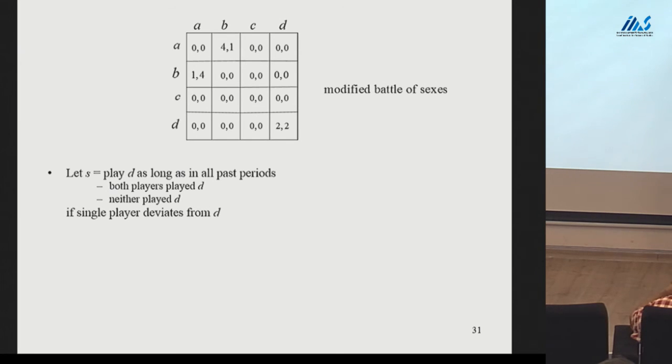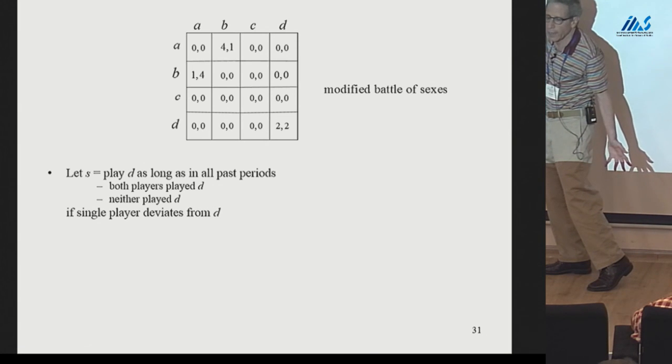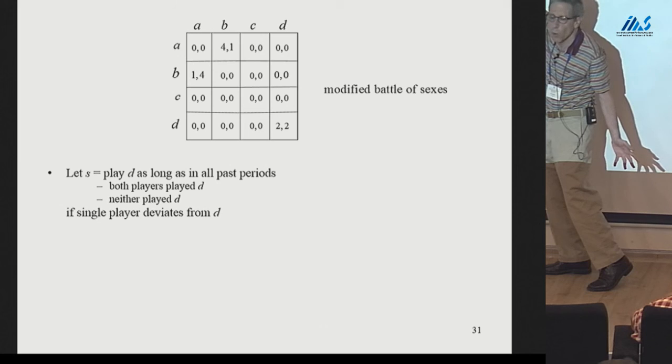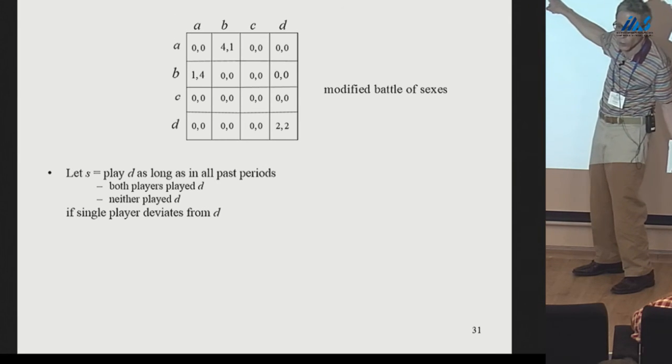I'm saying that they have to be consistent with the lowest possible one-player payoff. So in this game, they have to be at least 1-1. And here's an example of where they're 2-2.